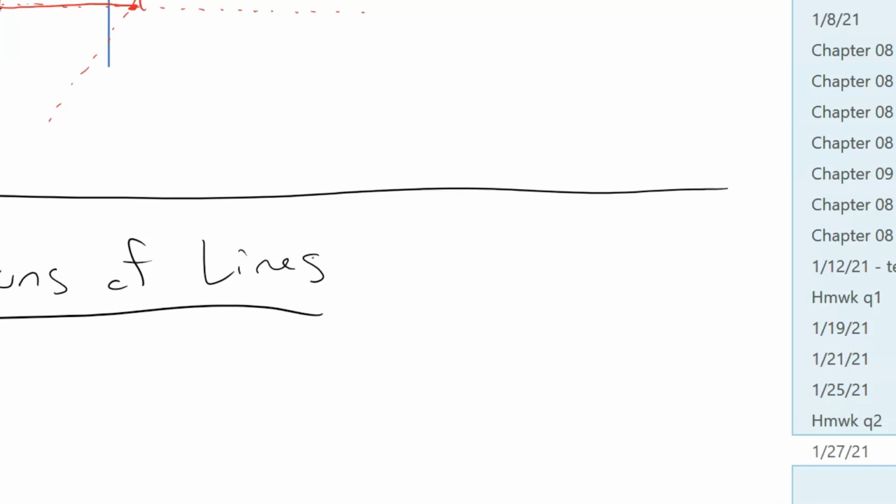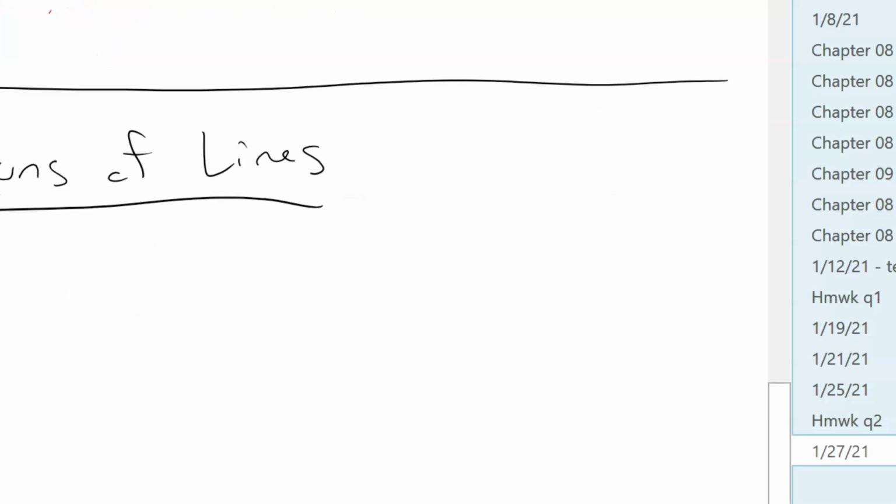So one thing that we'll notice here, that we'll get to in the next section, is that you can't describe an equation for a line in 3 dimensions using just x, y, and z.